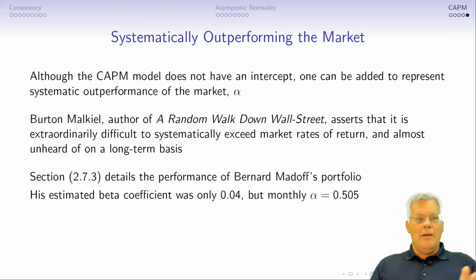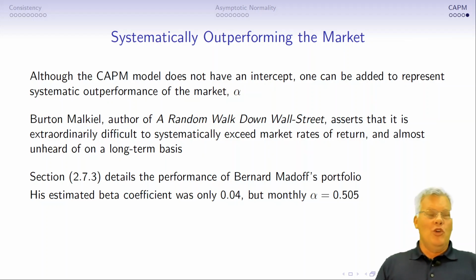Now, when this equation from the previous slide was run, one of the money managers who was evaluated was Bernie Madoff, who was this celebrity money manager. He managed money for very wealthy people, for celebrities, for high government officials. And Madoff, it was discovered probably about a decade ago, was running a massive Ponzi scheme.